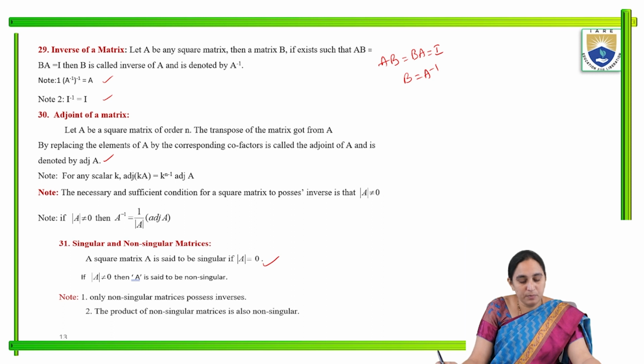Important points: for a non-singular matrix, that is, if det A is not equal to 0, only in that case does the inverse exist. Only non-singular matrices possess inverses.